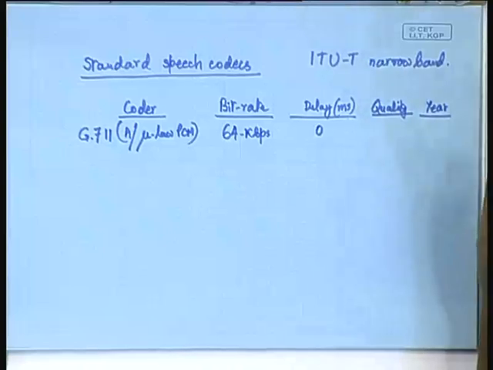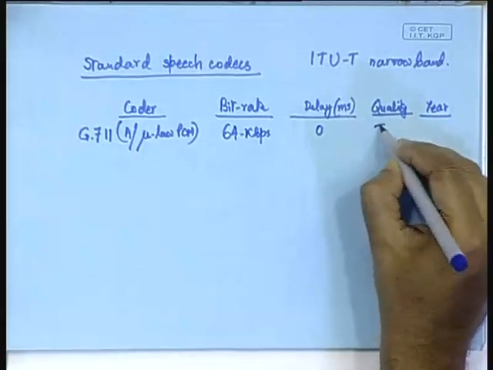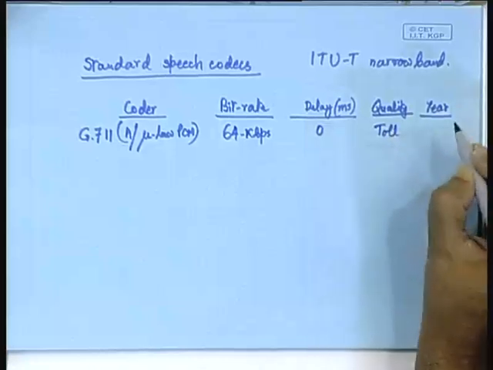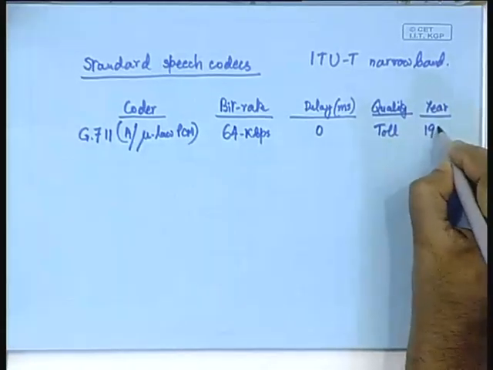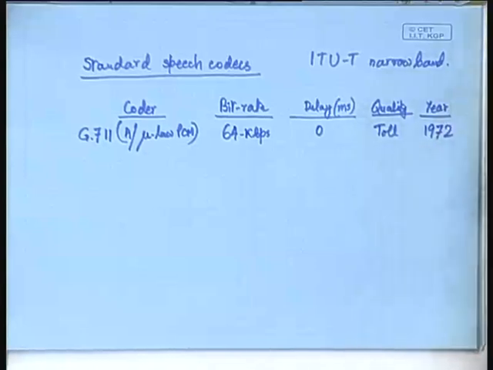Forget about the transmission delay, but as far as the algorithmic and computational delays are concerned, it is 0. And the quality that this delivers is the toll quality, and this was adopted way back in 1972. So, 35 years back from today.